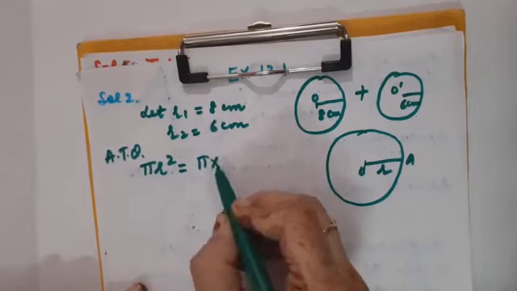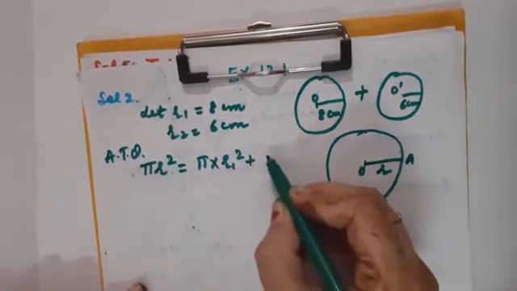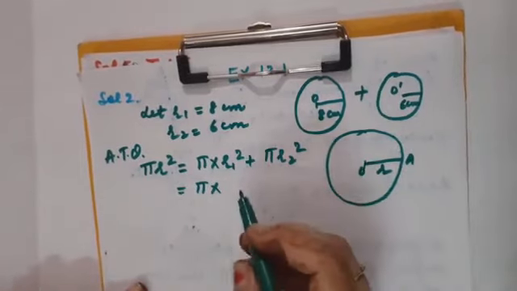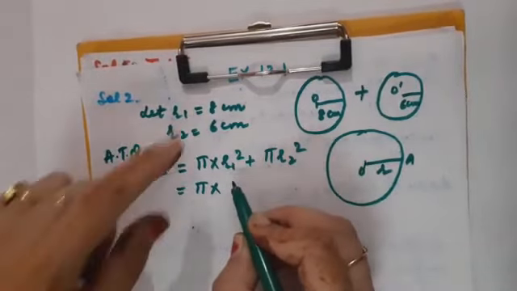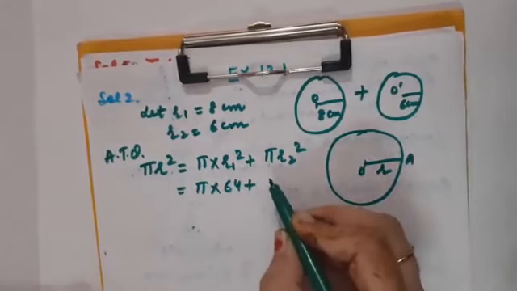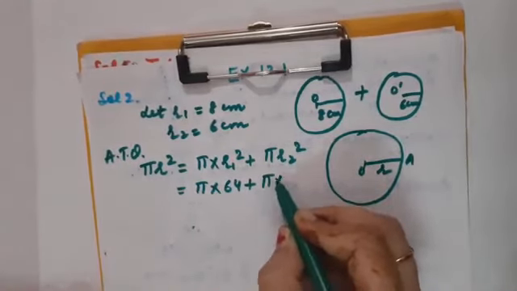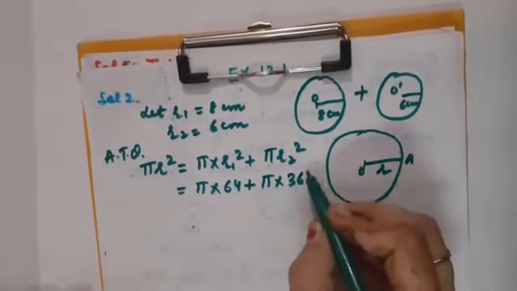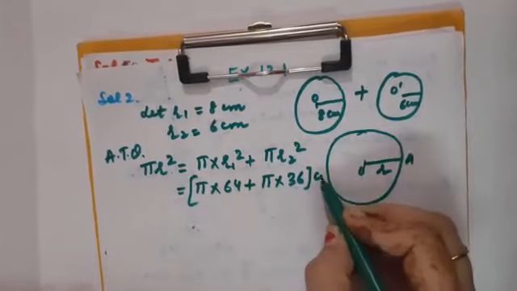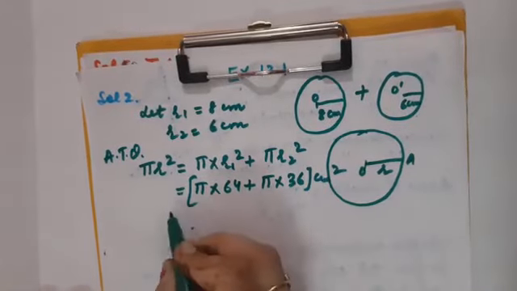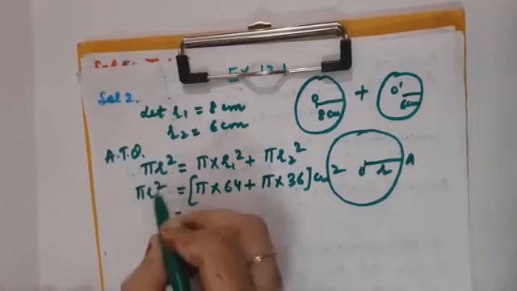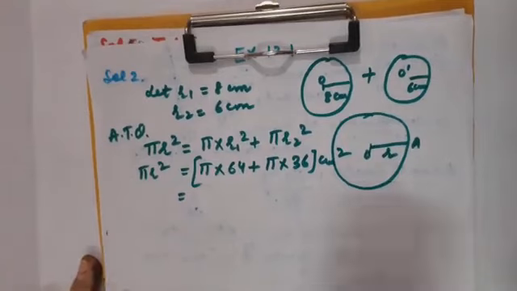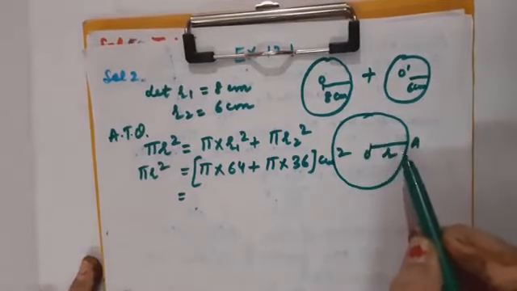This is pi r1 square plus pi r2 square. Let us insert the values of r1 square and r2 square here. It would be pi into 8 square, that is 64 centimeter square, plus pi into r2 square, which is 36 centimeter square. Correct? Here you can make a big bracket and write centimeter square. Fine, children? Now I will have to calculate the radius of this bigger circle, means I will have to calculate this r.